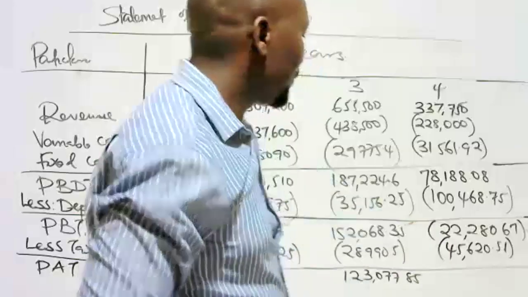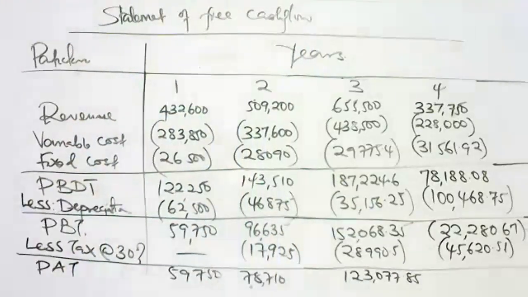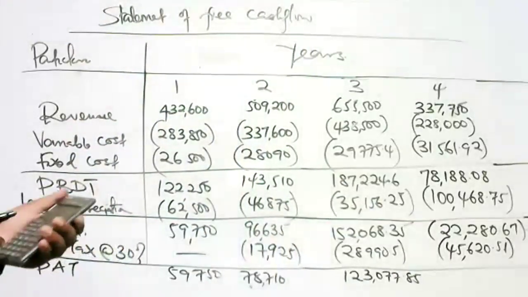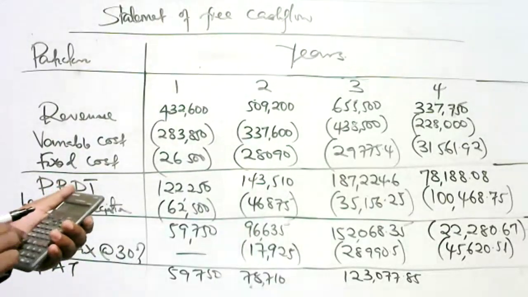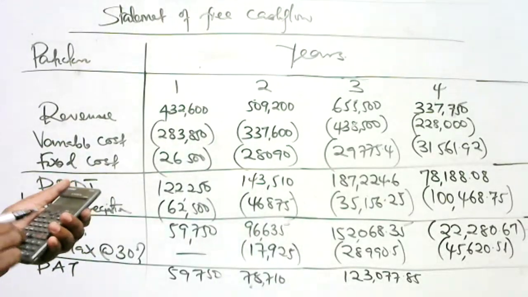What about this one? Where is Year four? Year four, negative 67,901.17.